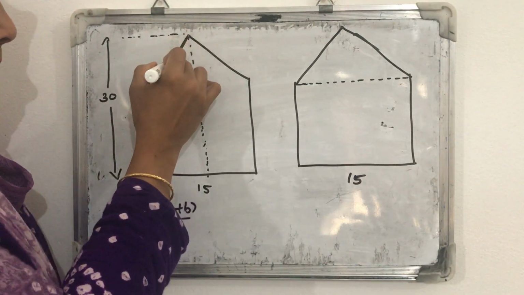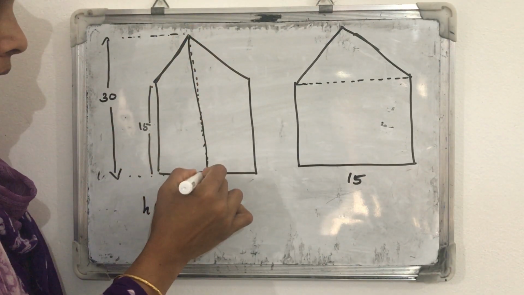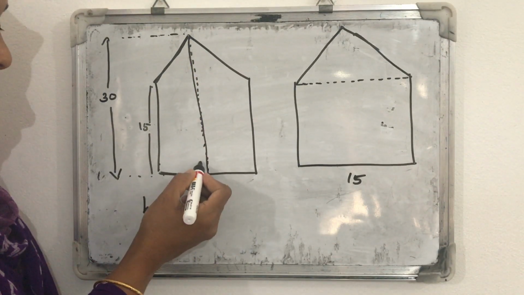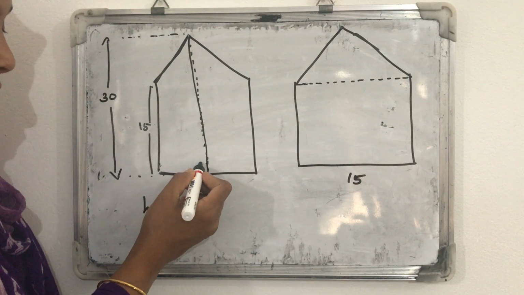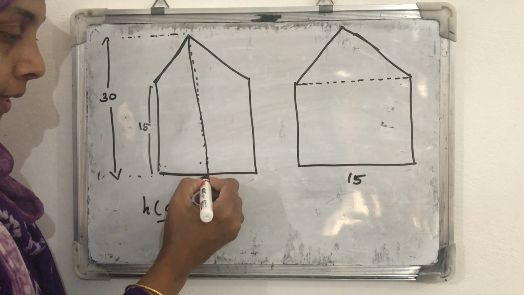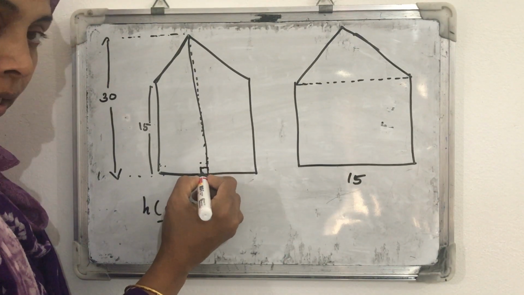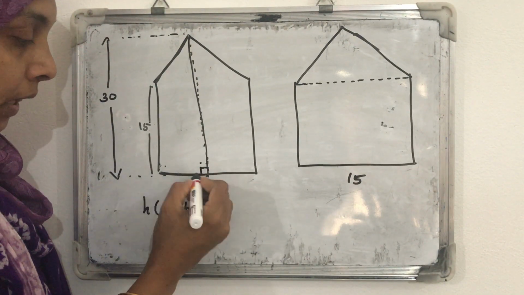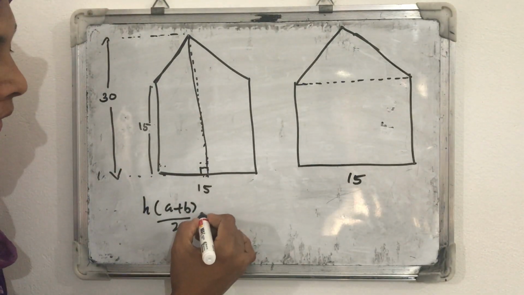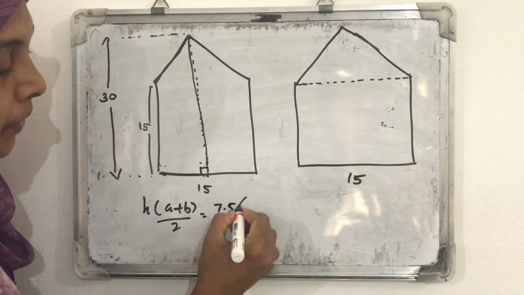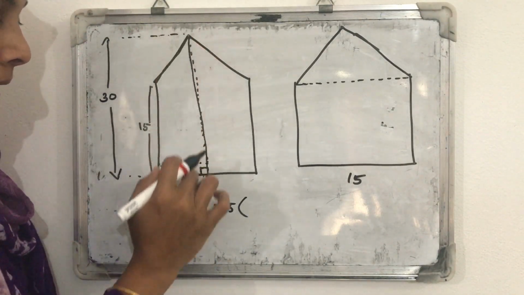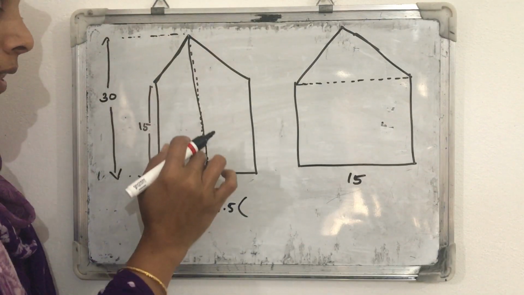Now consider this trapezium. What will be its height? Height is this, the distance from here to here. The total is 15, and it is divided in the center where it is 90 degree, as given. So this length will be half of 15, that is 7.5. So h will be 7.5, and a and b are both parallel sides. One side is this and another side is this.